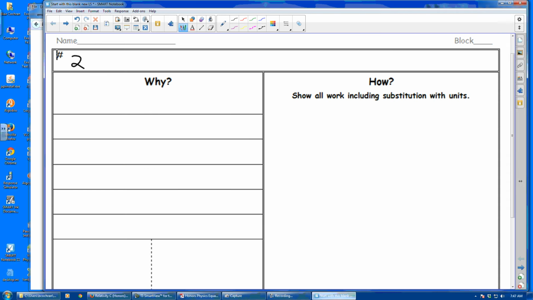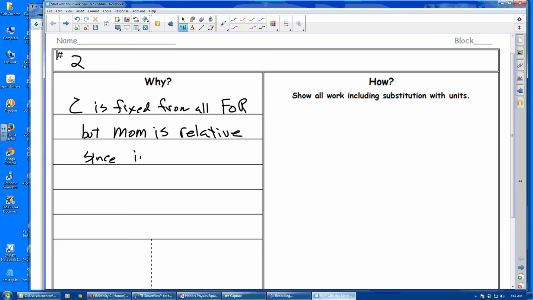I'm going to note that C is fixed from all frames of reference, but momentum is relative, since inertia and velocity are relative.